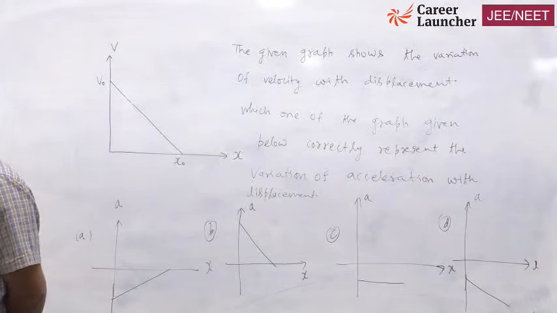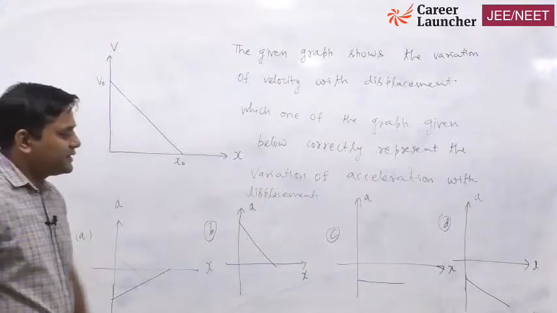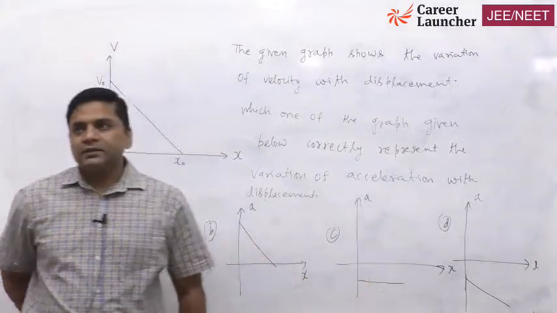Just type once, A, B, C or D, not all. So I think 90% of students are answering that it is C, this graph.